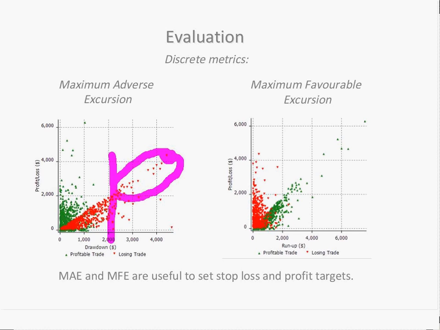See now, wouldn't a stop put at 1000 be better? It wouldn't, because if you place the stop here at 1000, quite a lot of profitable trades would become losers at 1000. Not a good idea.